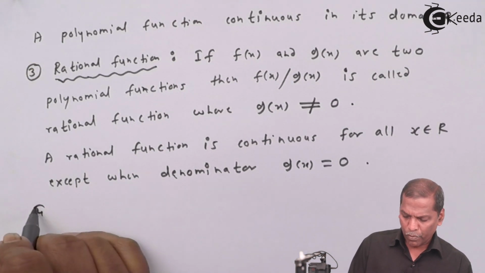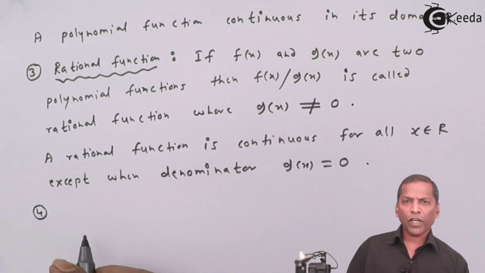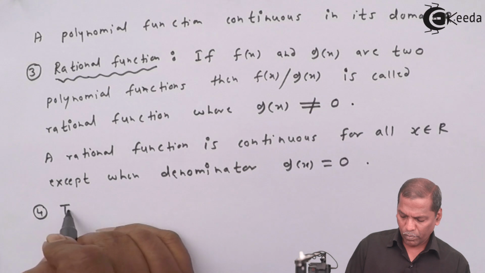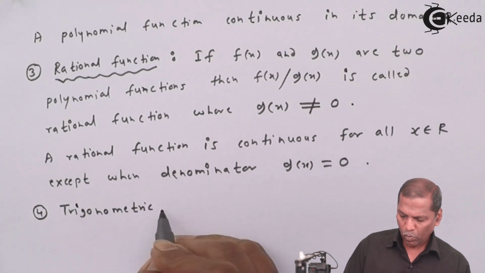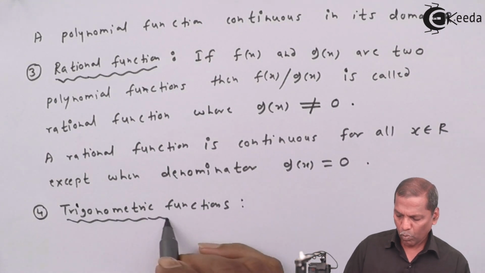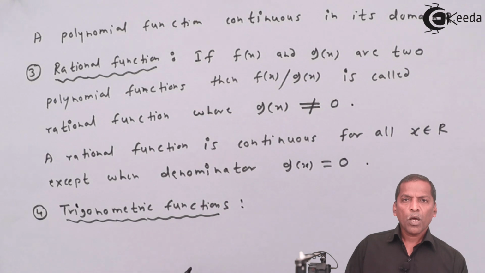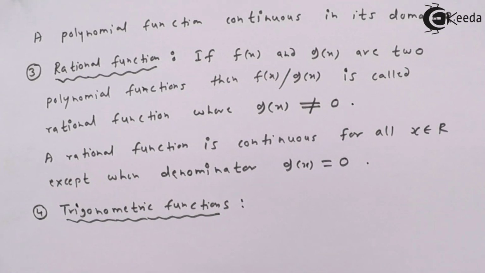Then number 4, trigonometric function. Sin x and cos x are continuous for all x belongs to set of real number.